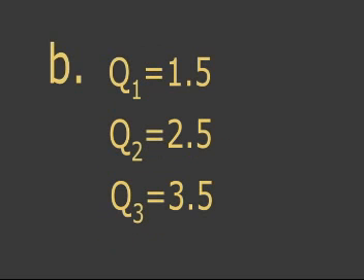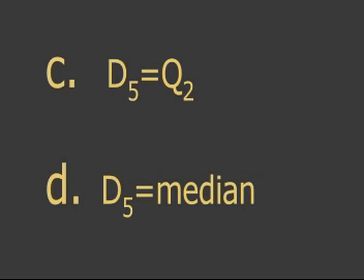This is what I found for question B. This is what I found for the last 2 questions. The 5th decile is also the 50th percentile, which is also the median.